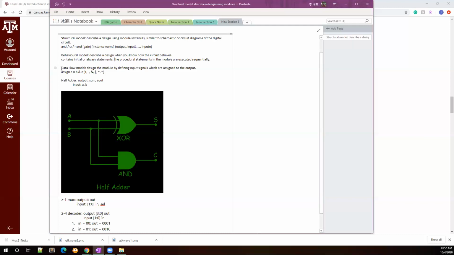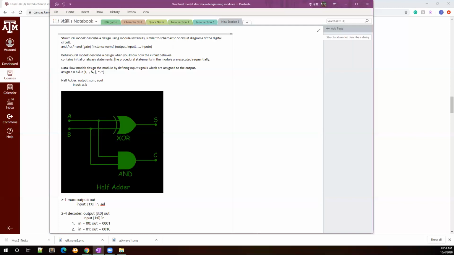Next one is the dataflow model. Actually, we seldom use this model. It is a medium level of abstraction, which is achieved by defining the data flow of the module. It is similar to the structural design, and normally it is simple to implement and can be easily translated to structural design, such as in the case of combinational circuits.